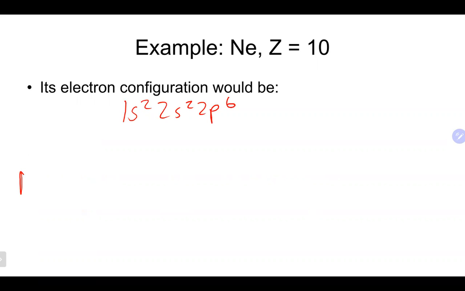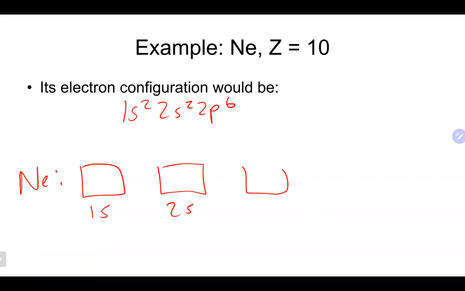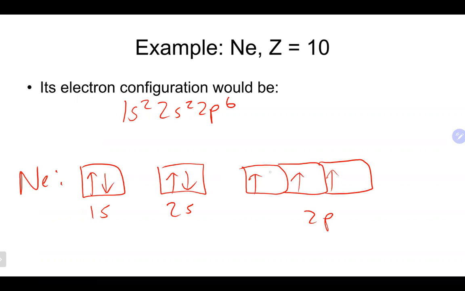And drawing our boxes here. We would go up and down, up and down, up, up, up, down, down, and down. And at this point, you can see that you are clearly full here in our p orbital.